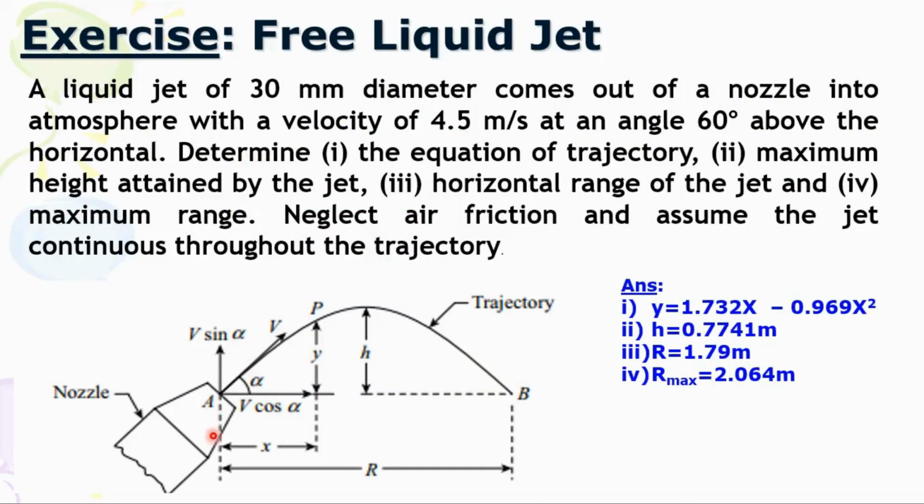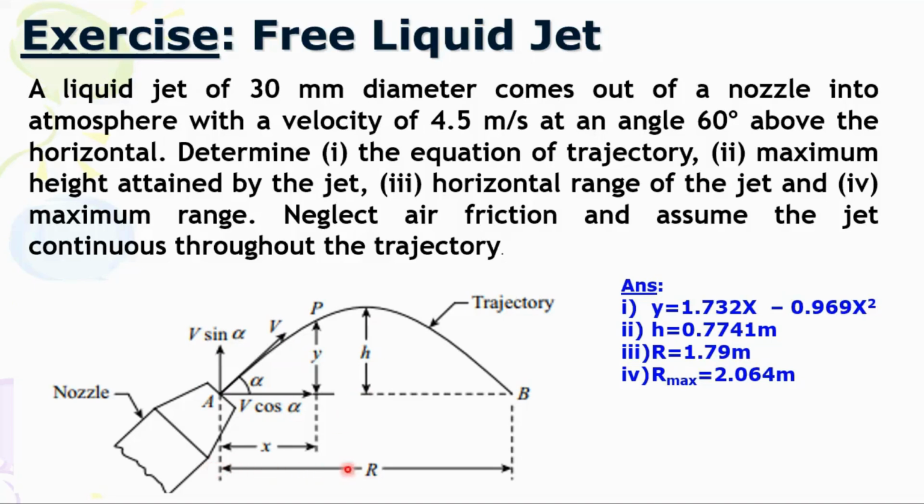Okay, so this is also another exercise, free liquid jet. If you have a free liquid jet at this point, projectile motion, trajectory motion will be found. So you will have a range. You have a velocity of 4.5 meters per second at an angle of 60 degrees above the horizontal. So determine the equation of trajectory, the maximum height attained by the jet, which is h maximum, then it will drop. So v naught cos alpha, v naught sin alpha. So you have the y direction and x direction, you can apply.